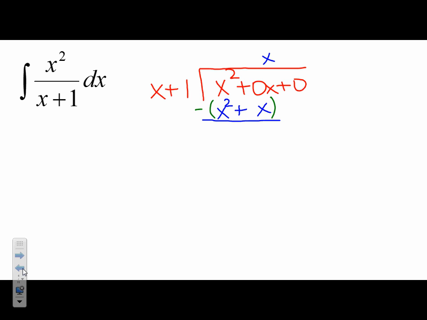So we are left with negative x plus 0. X times what is negative x? So we subtract. So we have a remainder of 1 over x plus 1.